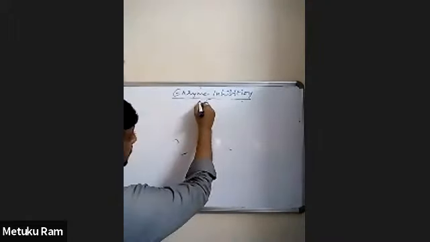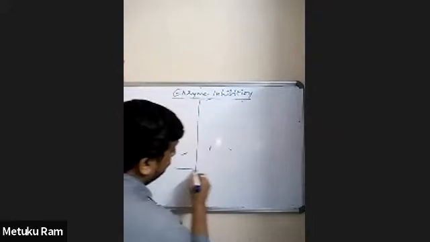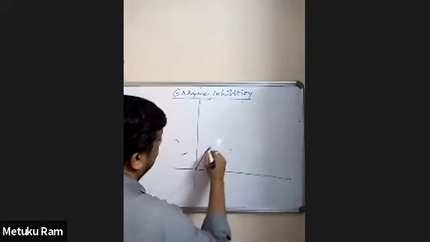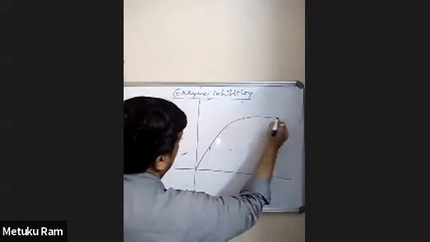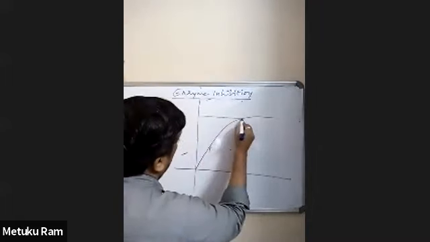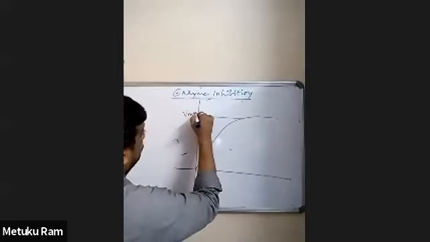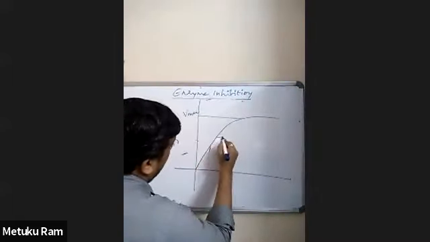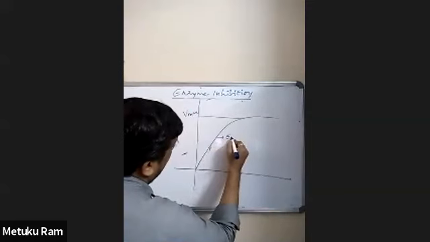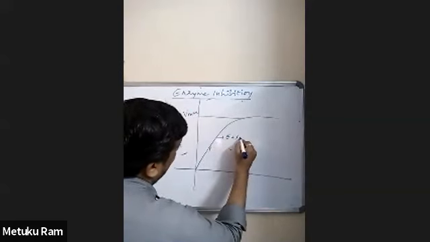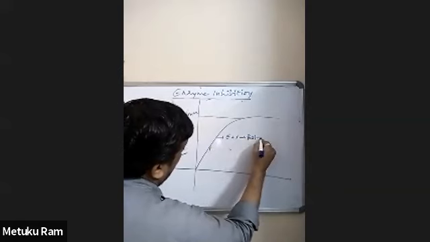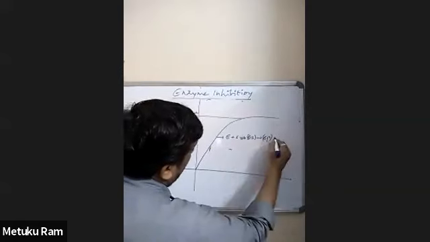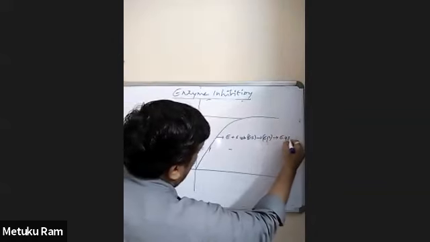Now, if you plot a graph of this, this is the Vmax value. This is enzyme, substrate, ES complex, EP complex, and together it will give rise to enzyme plus product.